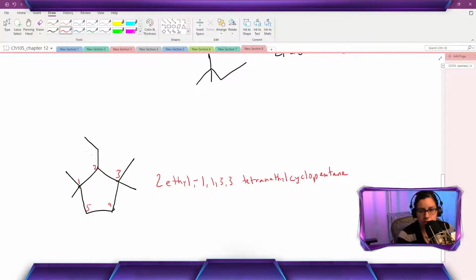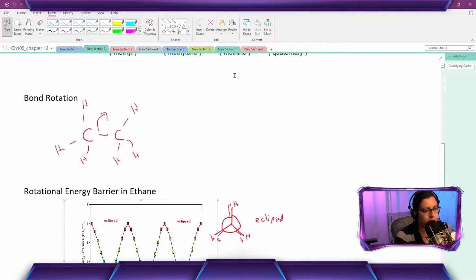So this is just going by how many carbons there are, right? So first, I'm just dissecting it by the basic structure. Then I'm looking at position 2. And so we have these 2 carbons here, and the 2 carbons correspond to an ethyl group.